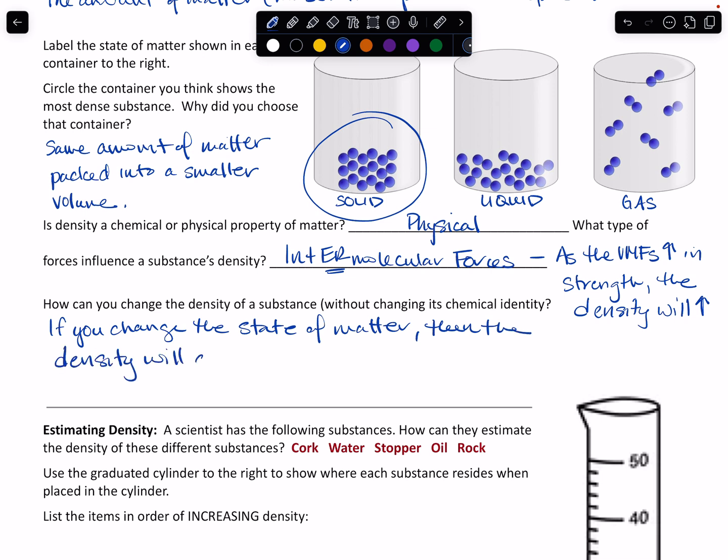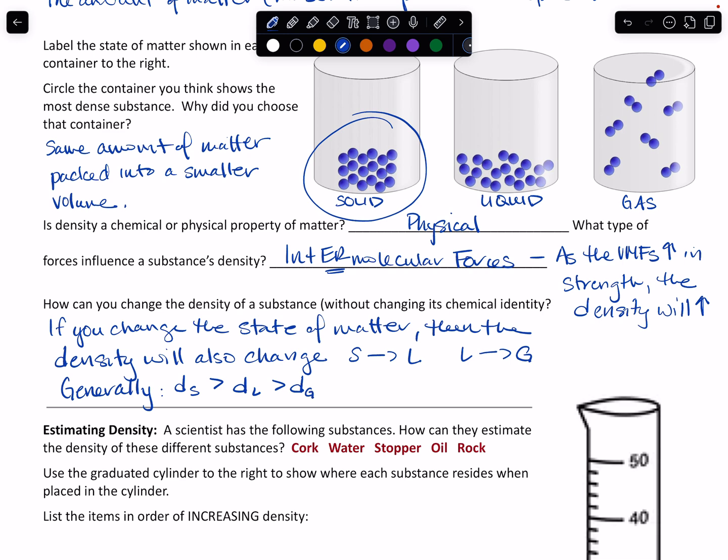Basically, if you go from a solid to a liquid, you're going to get different density values. If you go from a liquid to a gas, you're going to get different density values. And generally, the density of a solid will be greater than the density of the liquid, which will be greater than the density of the gas.